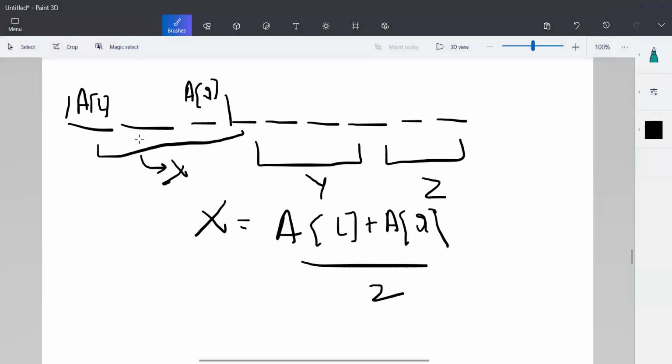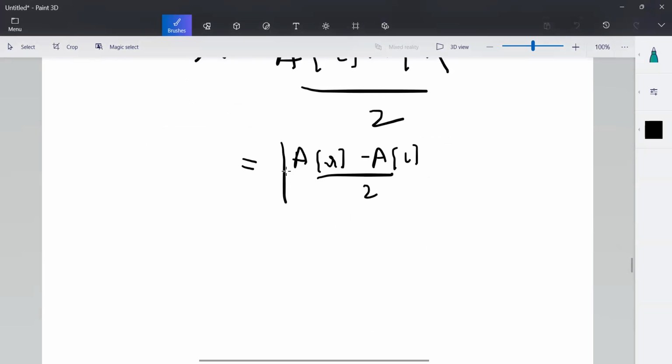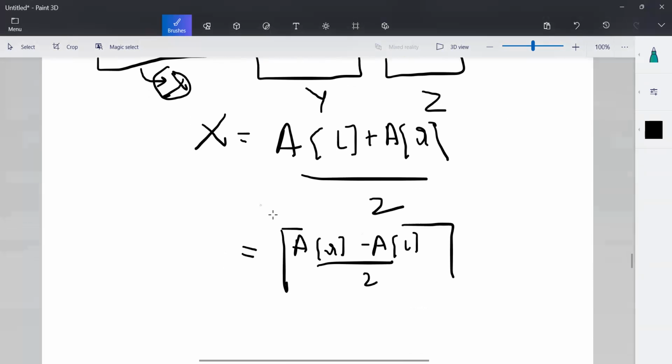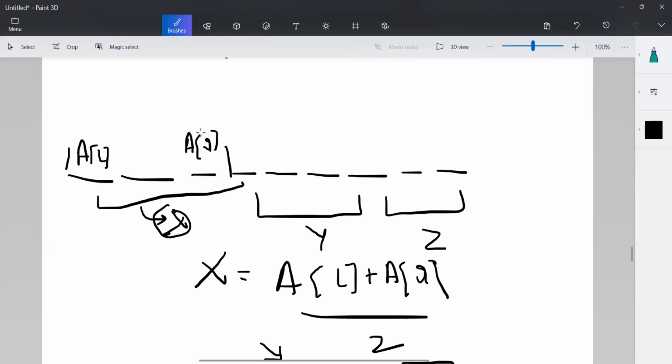So the maximum difference I can get here is a of R minus a of L by 2, ceil of this. This is the maximum difference. If I choose some optimal x here, this will still be the maximum value of the absolute difference between x and the values in this range.